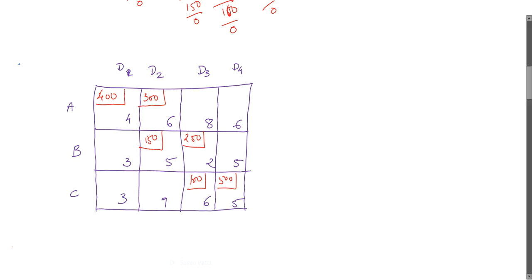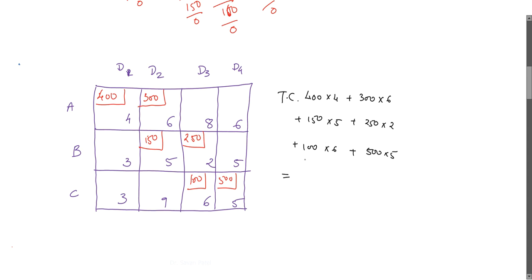First of all, observe the transportation cost. That is 400 times 4 plus 300 times 6 plus 150 times 5 plus 250 times 2 plus 100 times 6 plus 500 times 5.